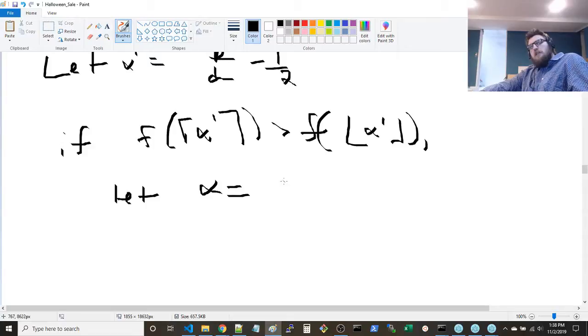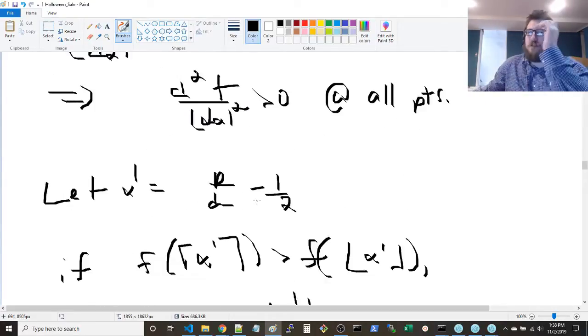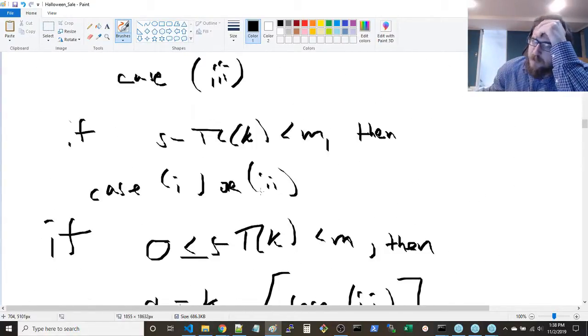Otherwise, the ceiling of alpha prime. So there's a little extra check you have to do. But basically this is what it comes down to.